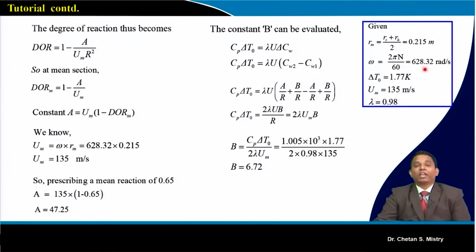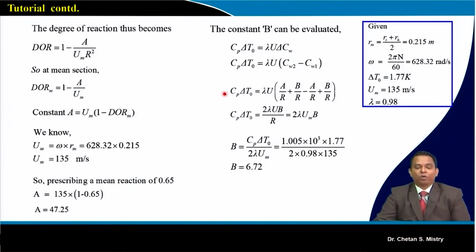It is 628.32 radians per second. So we will get our mean peripheral speed as 135 meter per second. Since my Um is known to me, I can calculate my constant A. My constant is coming 47.25. This is my capital A.